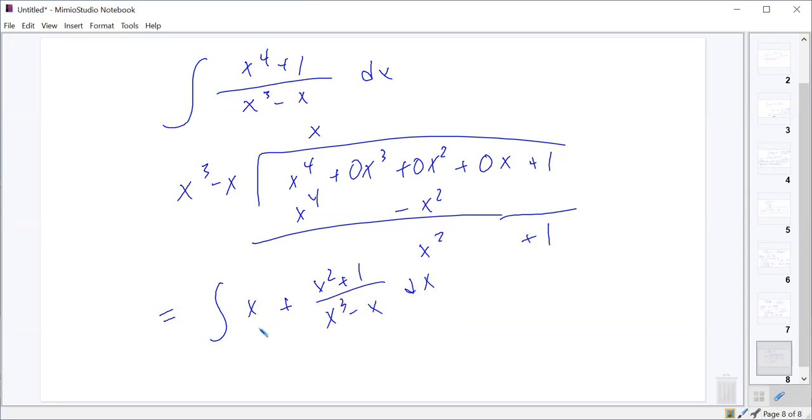Then you can integrate the first piece really easily, and the second piece you'd have to use partial fraction decomposition to integrate. Good or no? So remember always to do the long division if the degree of the numerator is greater than or equal to the degree of the denominator.